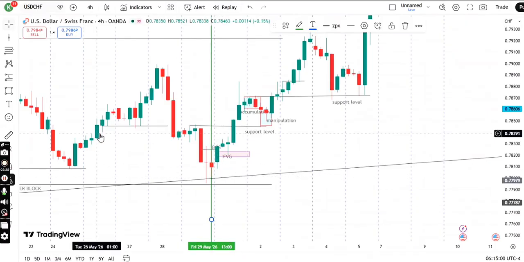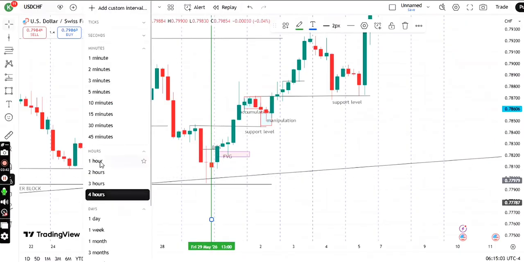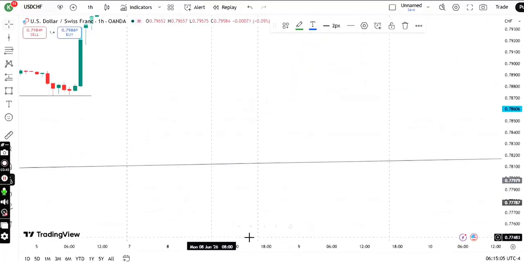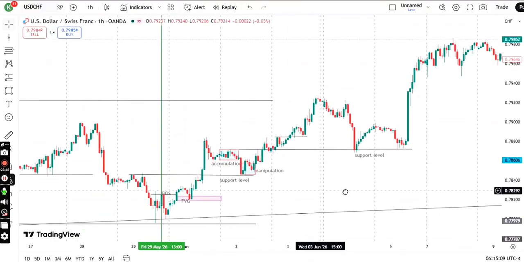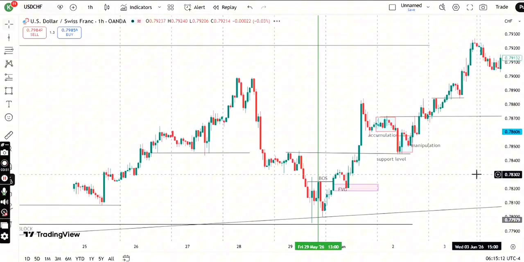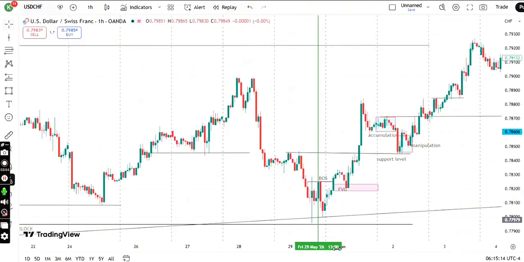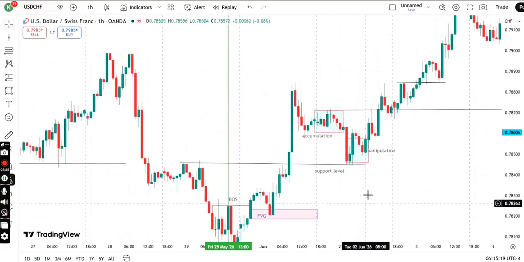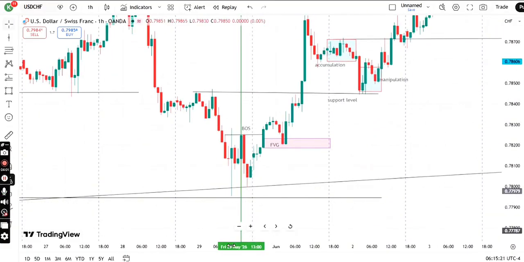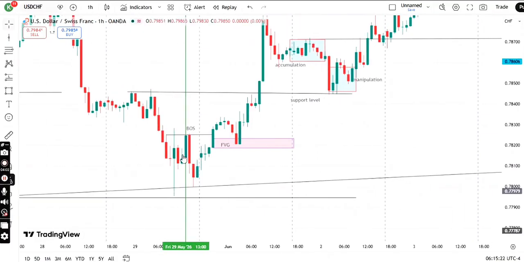So going down to hourly time frame, you will see how everything is so clear and how I got the opportunity to be in those trades last week. Now, from hourly time frame, this is how it is. This is that Friday candle that formed, and this is the high of that Friday candle.